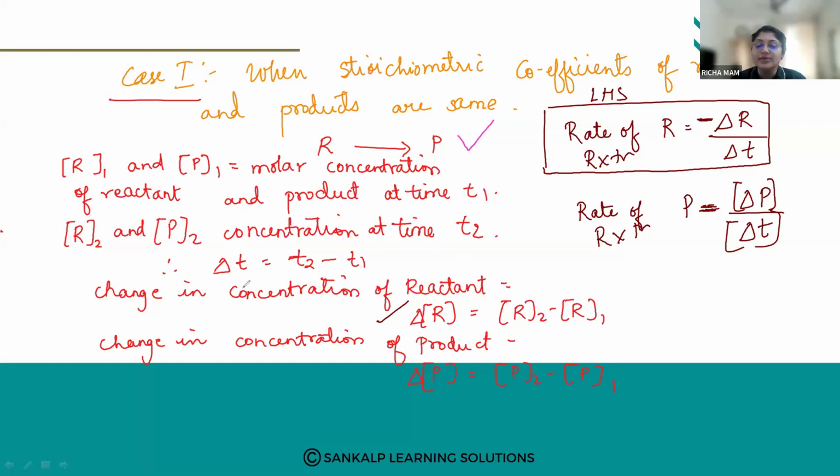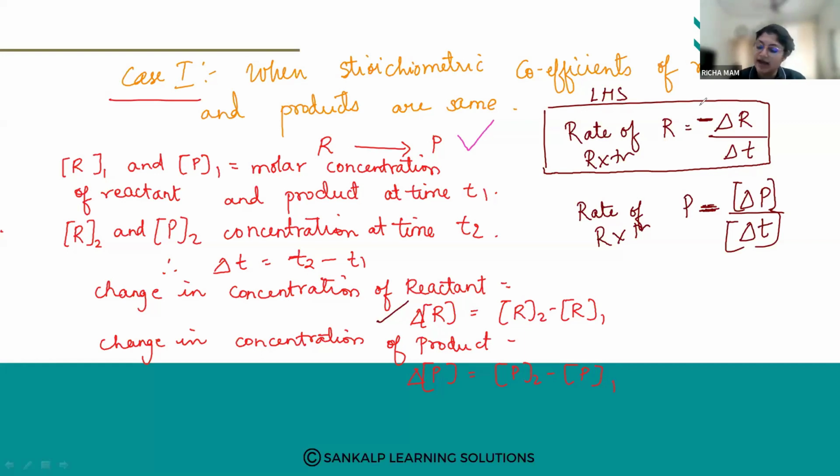Change in time is T2 minus T1, and change in concentration of reactant is delta R, equal to R2 minus R1. Change in concentration of product is delta P, equal to P2 minus P1.